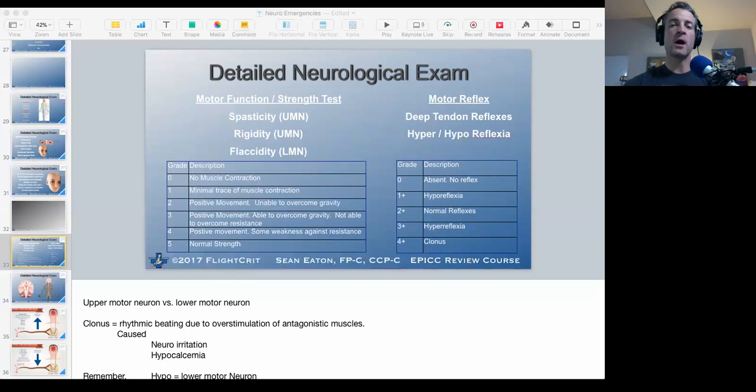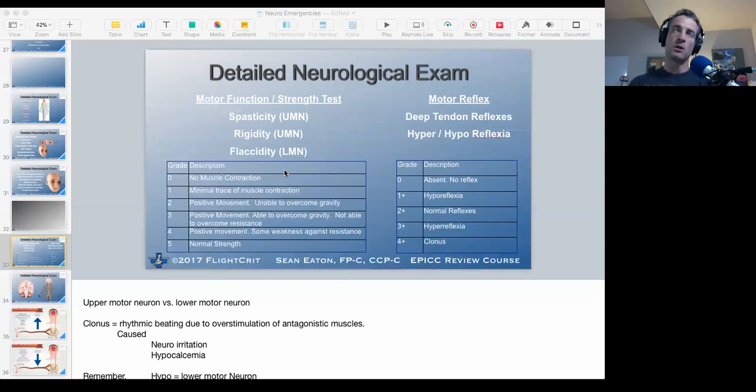Okay, so I'm not going to go into a full assessment of upper and lower motor neuron deficits. But what I will tell you, and we'll look at it in a couple more slides, is that upper motor neuron damage tends to cause spasticity, like clonus, whereas somebody who has sustained a lower motor neuron injury will tend to cause flaccidity.